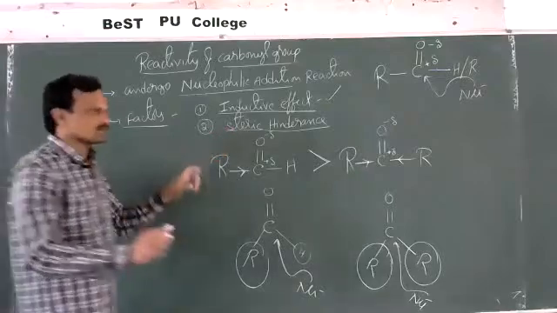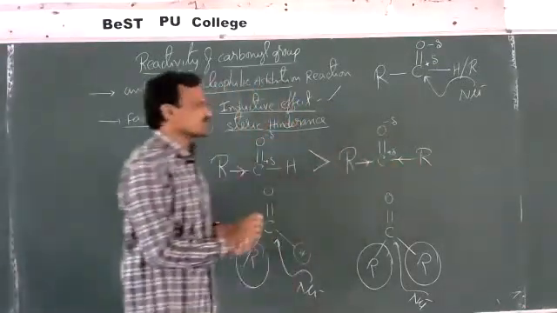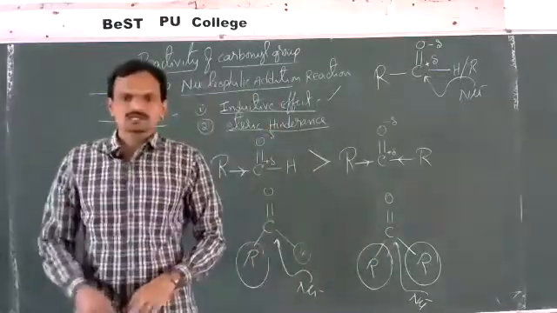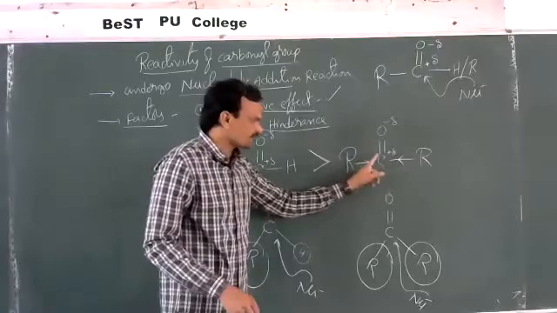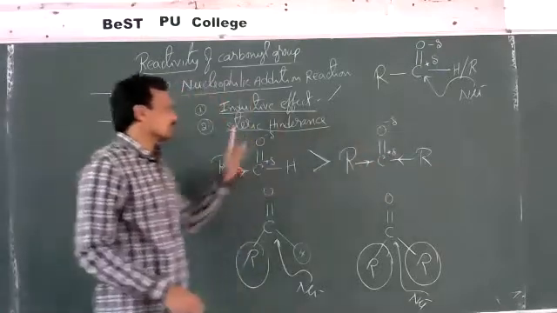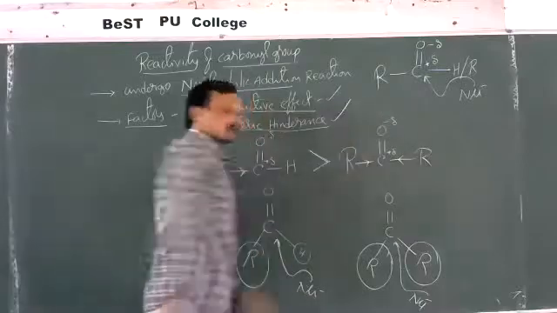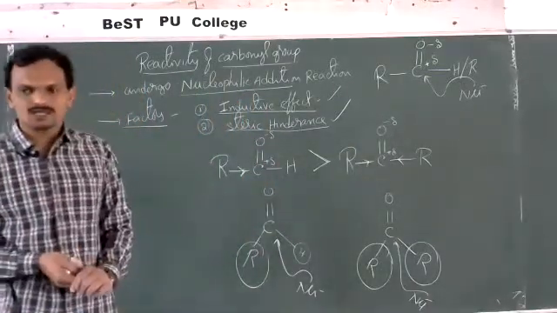Means the bulkiness of the groups attached to this carbon is more in case of ketones. So the nucleophilic attack becomes difficult. Since nucleophilic attack becomes difficult, the reactivity of ketones is less than that of aldehydes. So with respect to steric hindrance also, the reactivity of aldehydes is more than the reactivity of ketones.